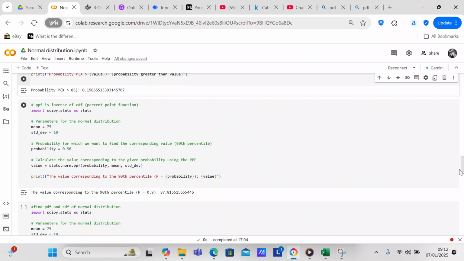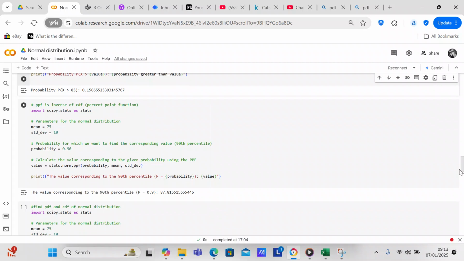So now we're going to do PPF. It's the inverse of CDF, the percent point function. What that is: you have the probability, but you want the value. Again, we're going to do another demonstration. We're going to import scipy.stats as stats because we're going to use the scipy function. Mean equals 75, standard deviation equals 10. The probability for which we want to find the corresponding value is 0.9.